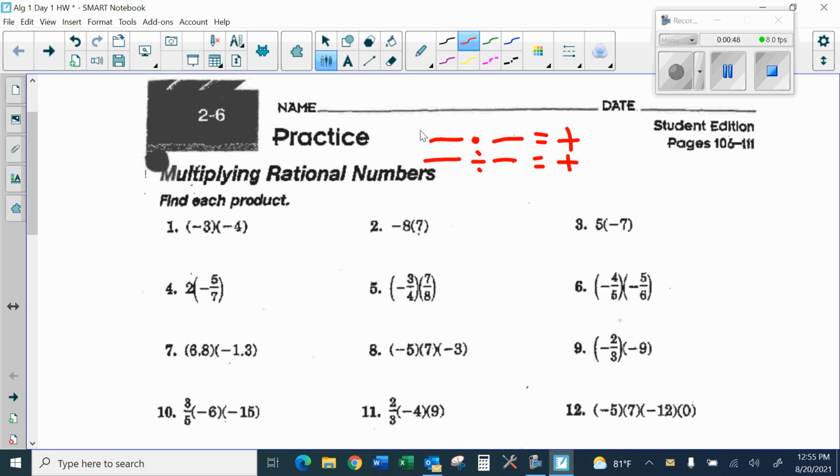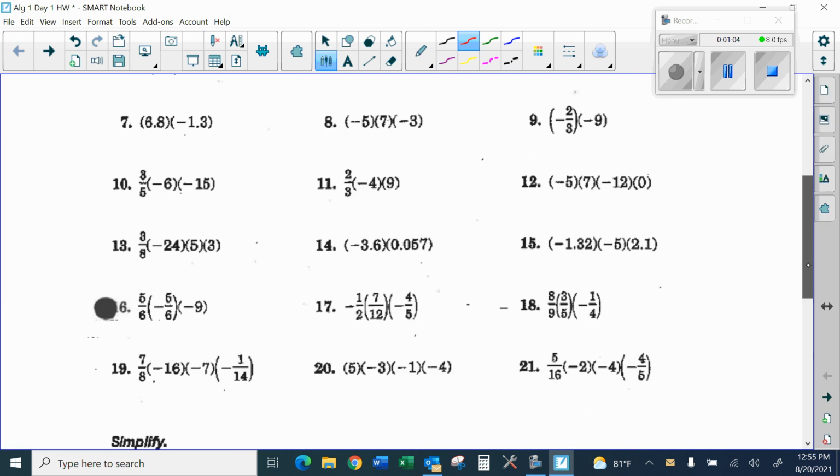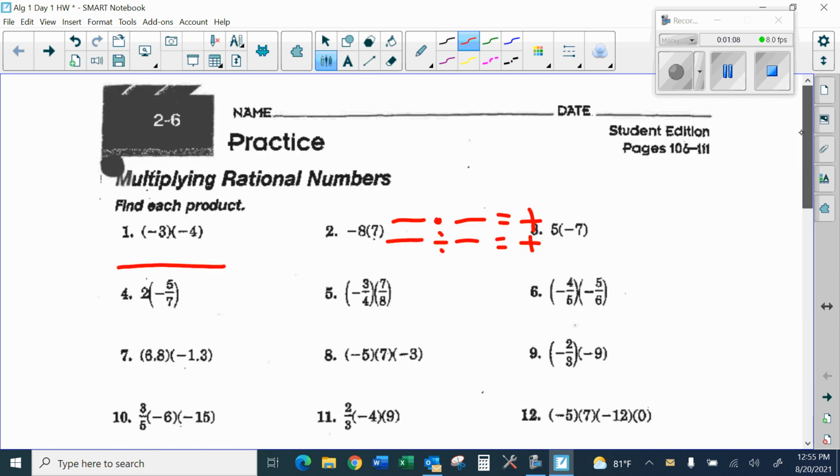If they are opposite signs, they are negative when you multiply or divide. This whole sheet is multiplying. Yeah, it's all straight multiply. Okay, the backside I think is divide then. Okay, so you have that.